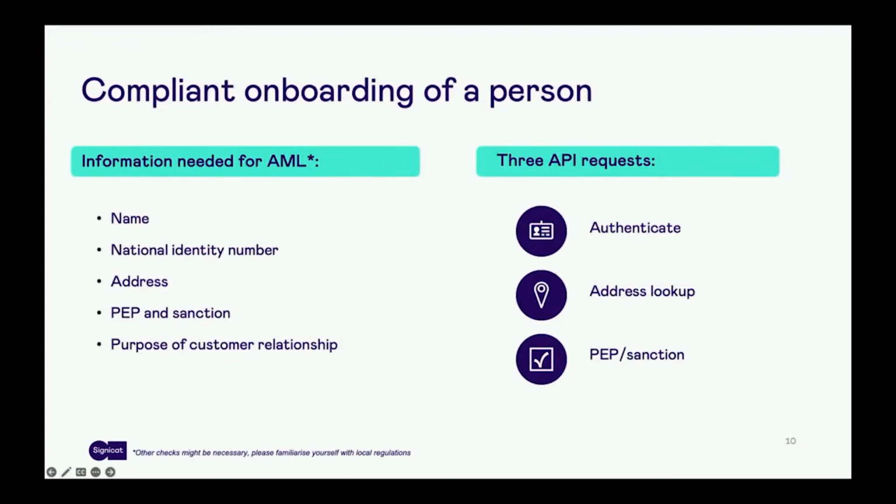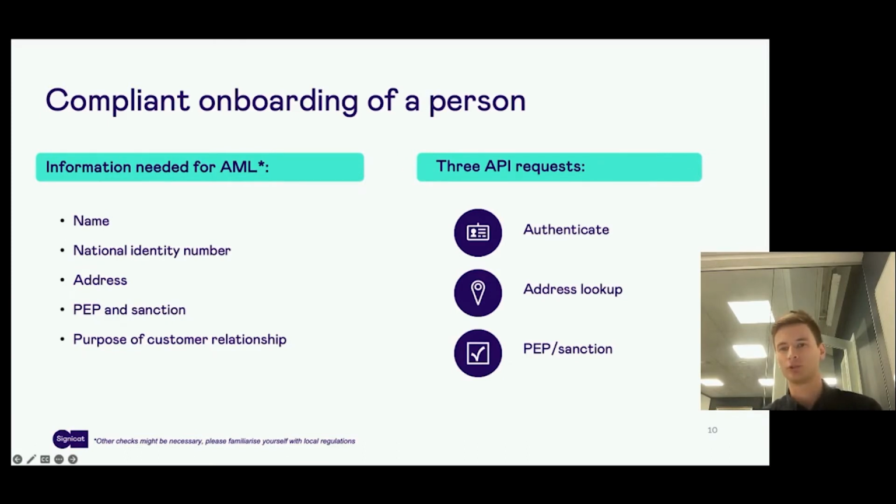Okay, so let's dive into a compliant onboarding. First of a natural person. Anti-money laundering, that is the laws that describe the customer due diligence measures and reporting obligations to fight money laundering. The AML regulations are defined by local law.